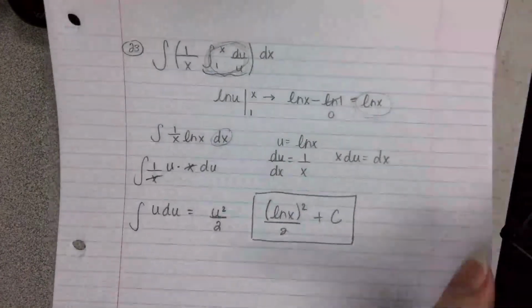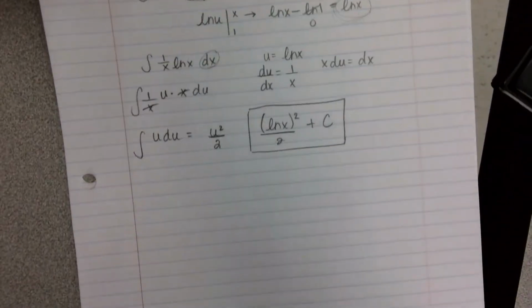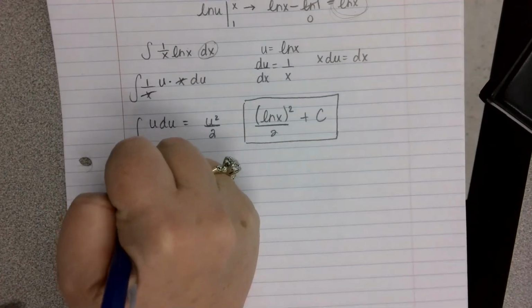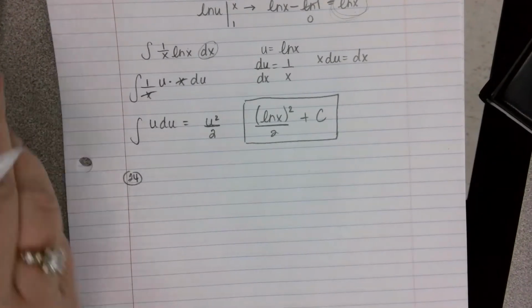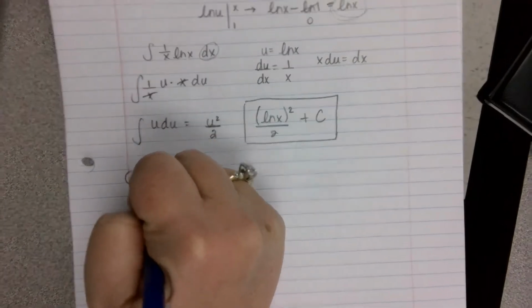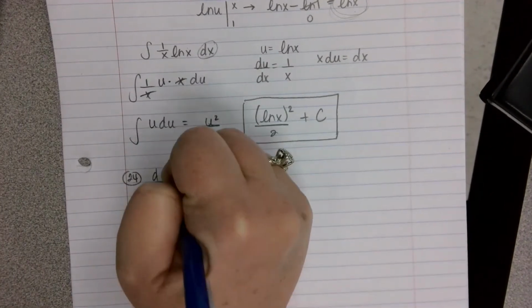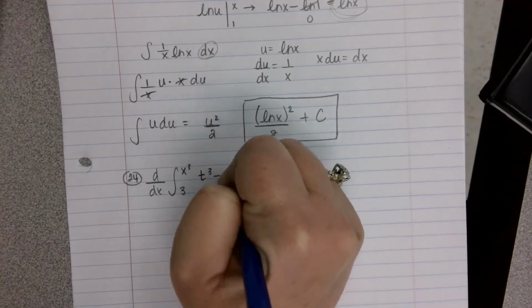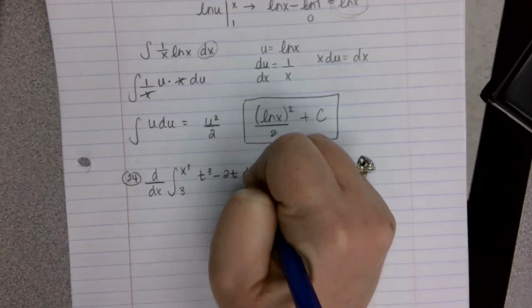Okay? Moving on to number 24. We have the problem d dx of the integration of 3 to x cubed t cubed minus 2t dt.